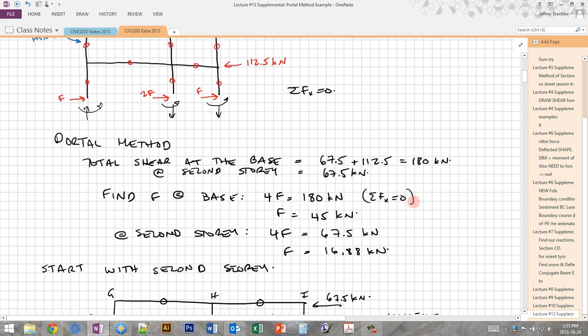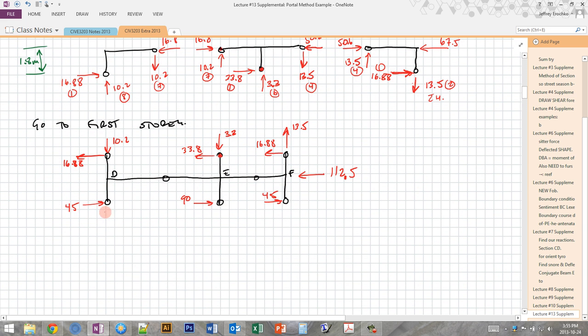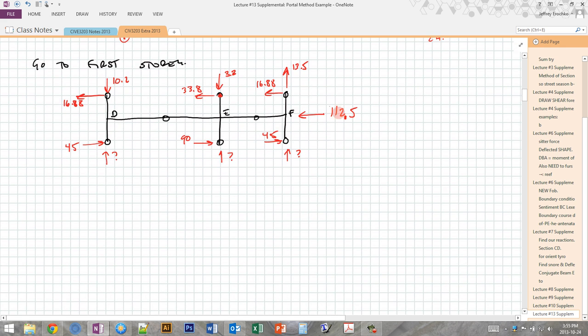So we found the story shears at the base, which means that the shear at this hinge is also equal to this force. So it's 45 at the left, twice 45 in the middle, and then 45 at the right. And then we still have these unknown vertical forces, which we don't know the force or the direction. So again, I'm going to split this up at all of the hinge locations, so I'm going to turn this into 3 pieces.